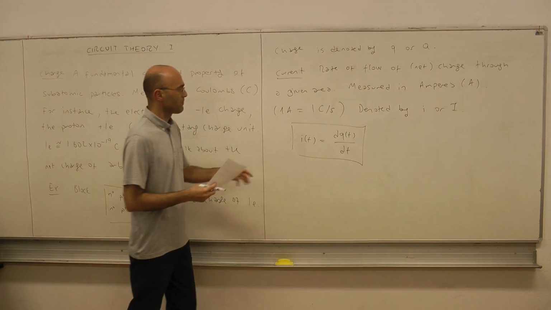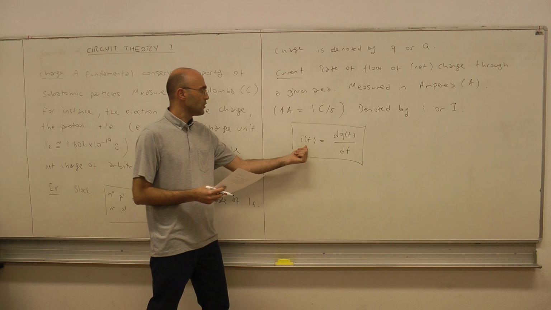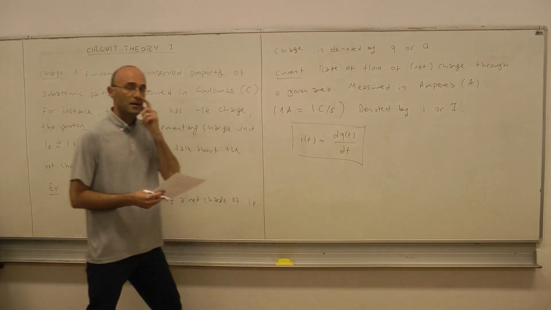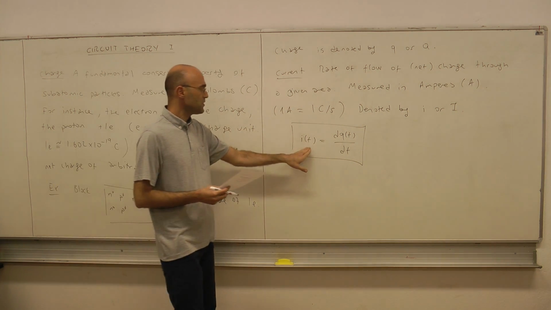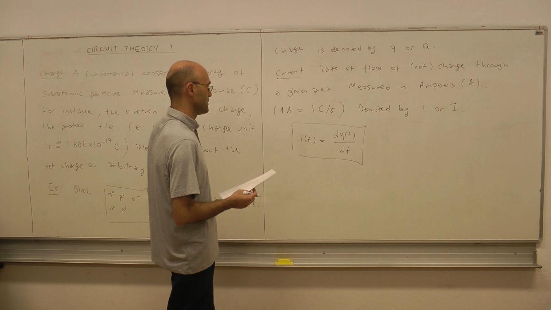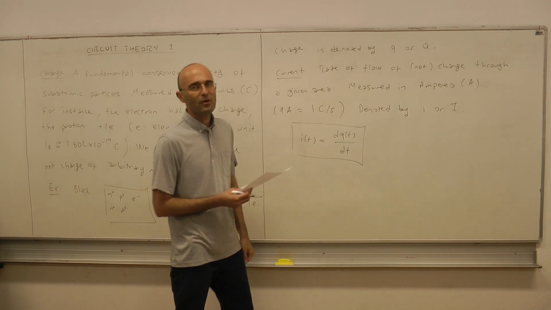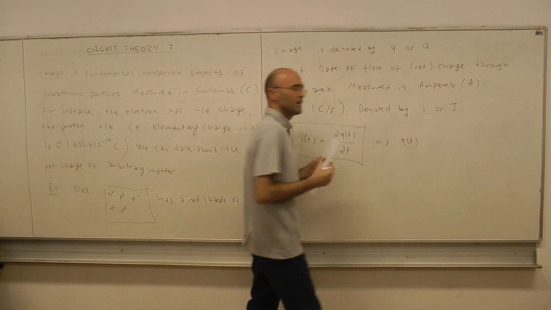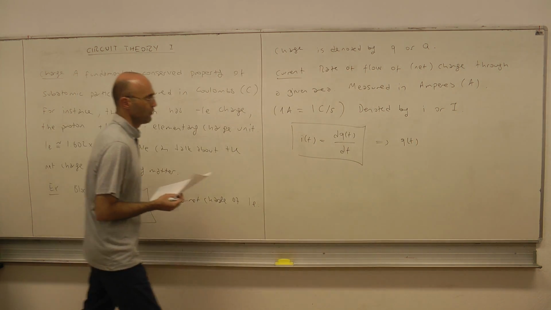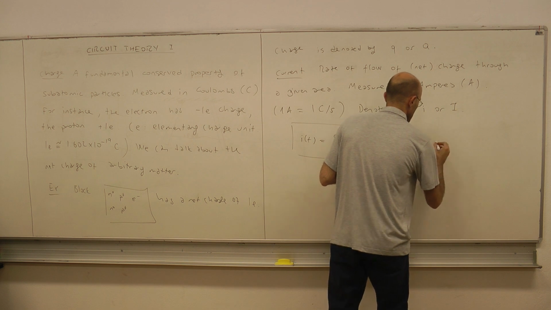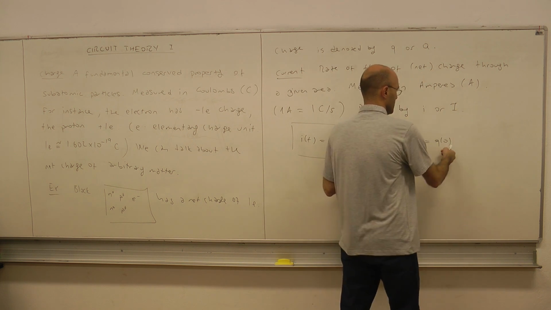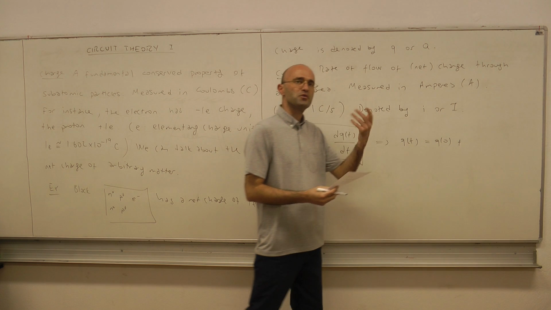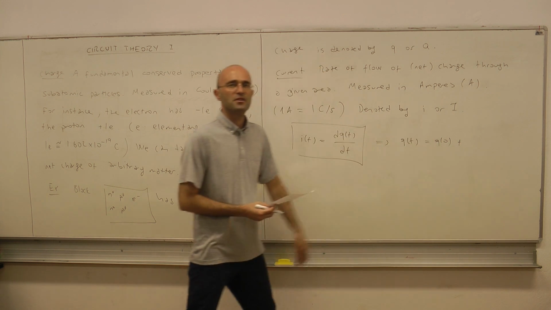So that's the relation between the current and the charge. Here the current is on the left hand side. If you want charge to be on the left hand side, then you can write the same equation in its integral form. q of t equals q0, the initial charge. Suppose that the initial time is 0.